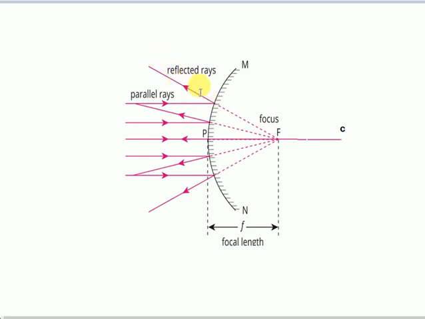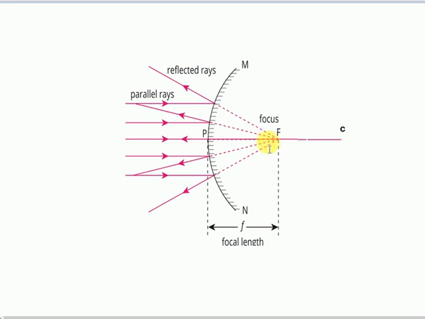Now if all the reflected rays are extended backward, they appear to come from a point on the principal axis. Now this point is called the focus of the convex mirror.